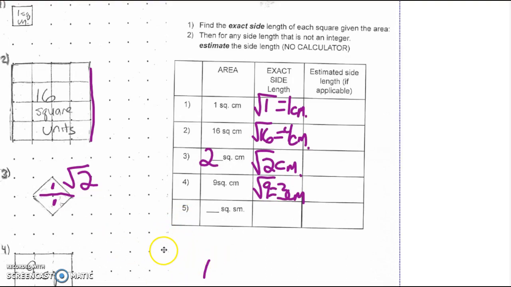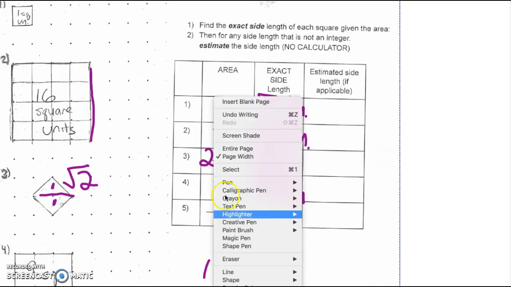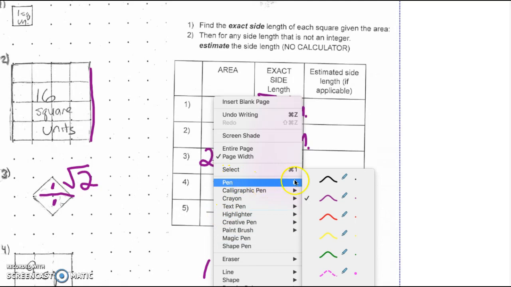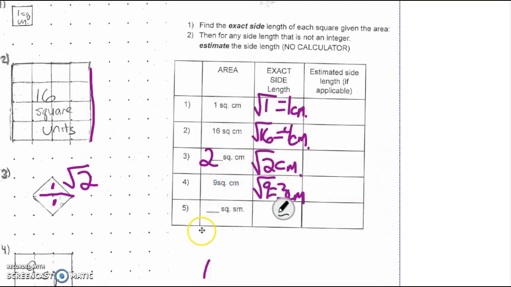Okay, well, the next one, why don't you do? That'll be a good one. I'll have you do the next one and then turn off the video or pause it and see if you can figure out number 5, what that area is. Box it up and square it. Turn the video off or pause it.